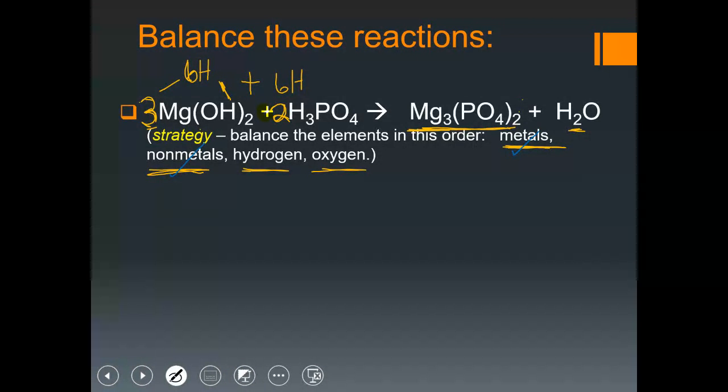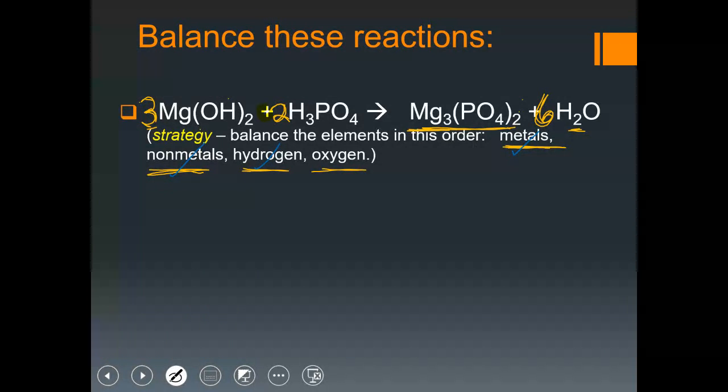And right here, there's 2, but we need 12. So what number times 2 is going to give us 12? We would need 6 molecules of water to have 12 hydrogen. So by putting a 6 in front of there, now the hydrogen's balanced. And then we need to balance the oxygen. Okay, I just need to erase these hydrogen numbers.